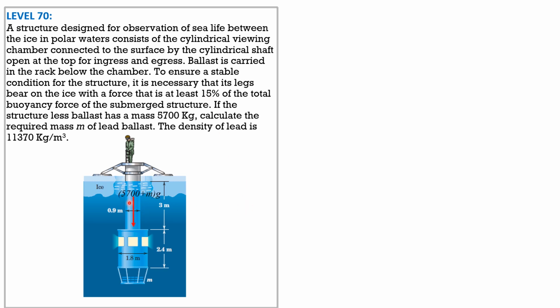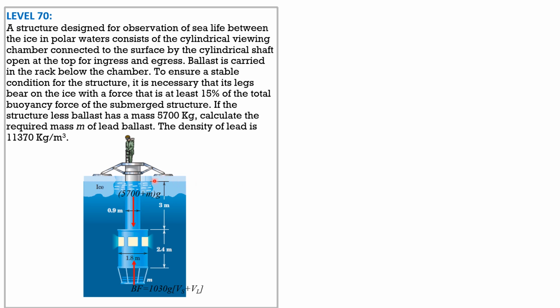So we have the weight, the quantity 5,700 kilograms plus the mass of the lead ballast, times g, equals the buoyant force, the density of water 1030 times g, times the volume submerged, which consists of these two parts here, plus the volume of lead ballast.